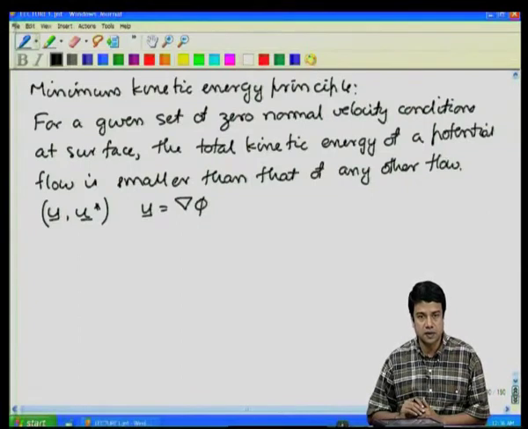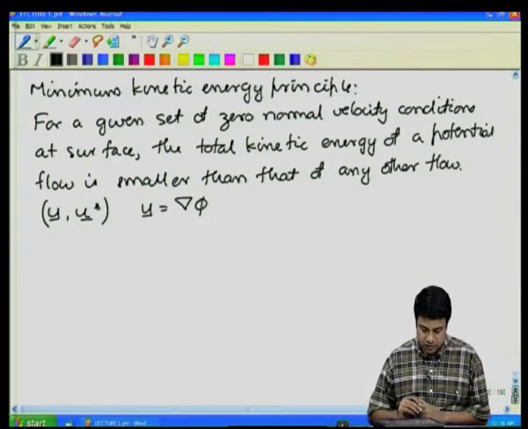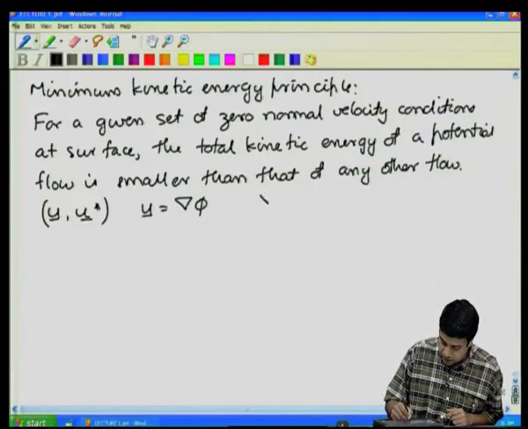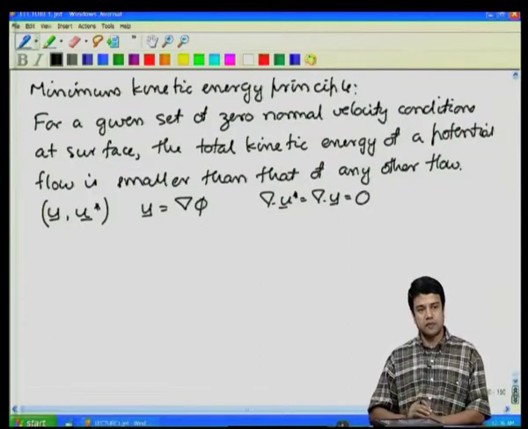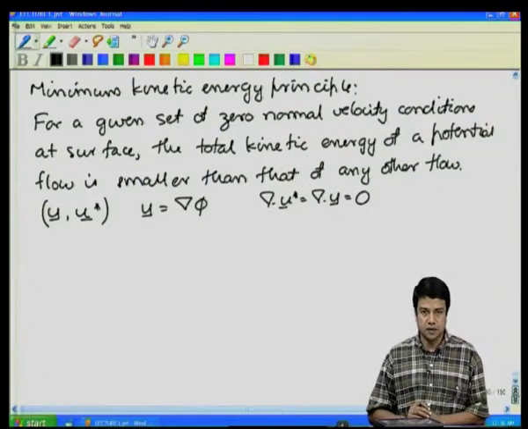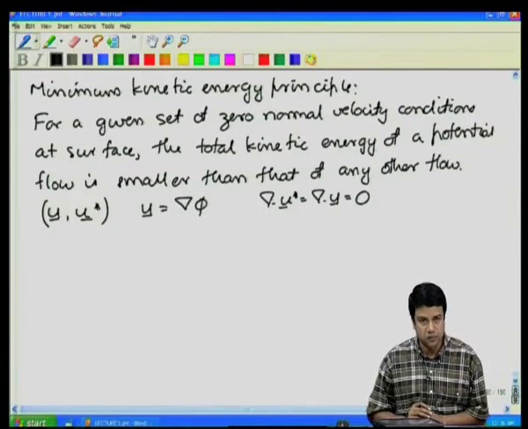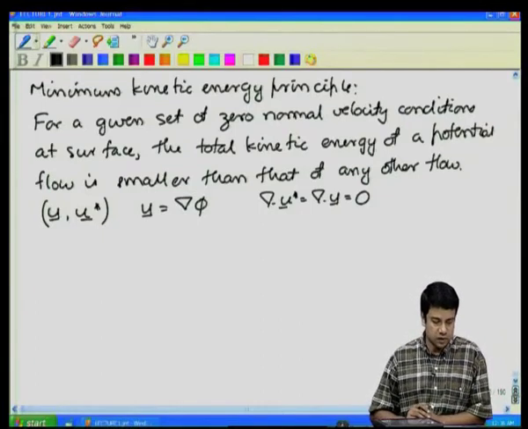U star is not necessarily a solution of the potential flow equations. However, it has to satisfy the incompressibility condition. Okay. So, therefore, I require that del dot u star is equal to del dot u is equal to 0. Both velocity profiles satisfy the incompressibility condition, but the velocity u in addition satisfies the potential flow equations.